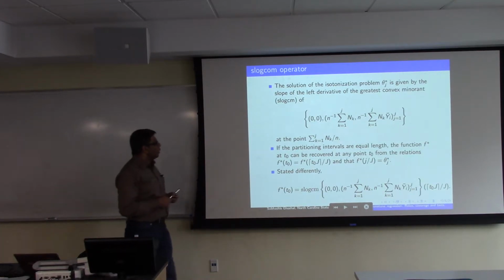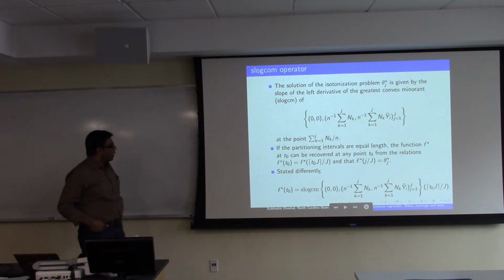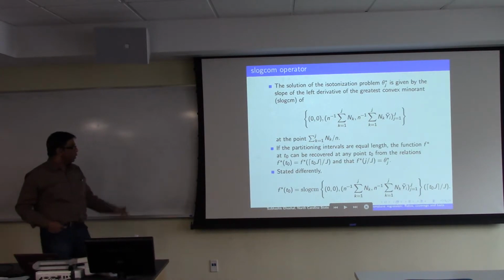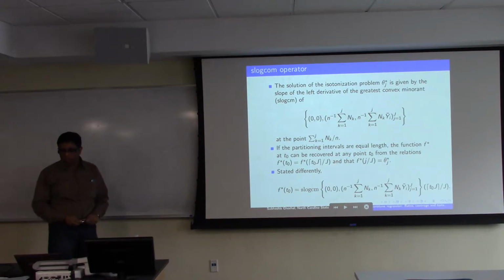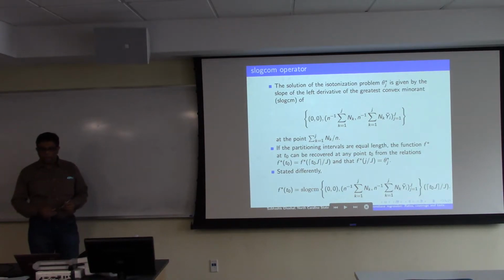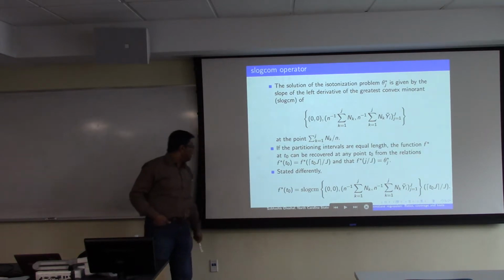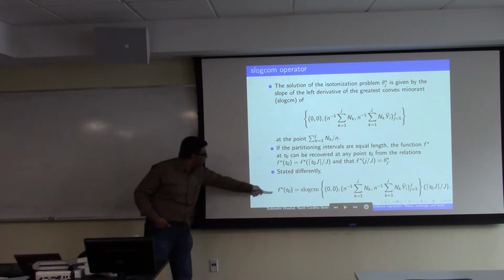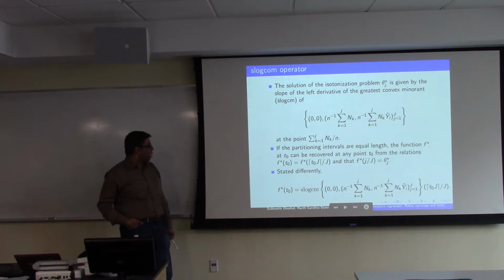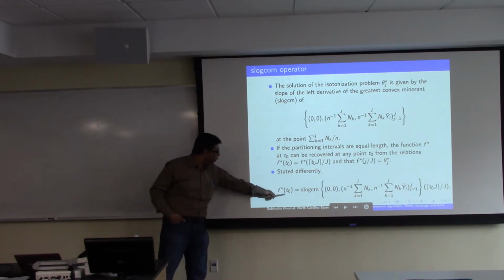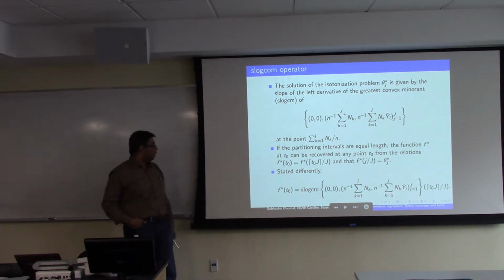Okay, so this solution is well understood. It can be computed by some efficient algorithm. So this is easy to obtain, and once you have this isotonization done, the posterior draw from the projection posterior of f at a point t0, we call it f star t0.